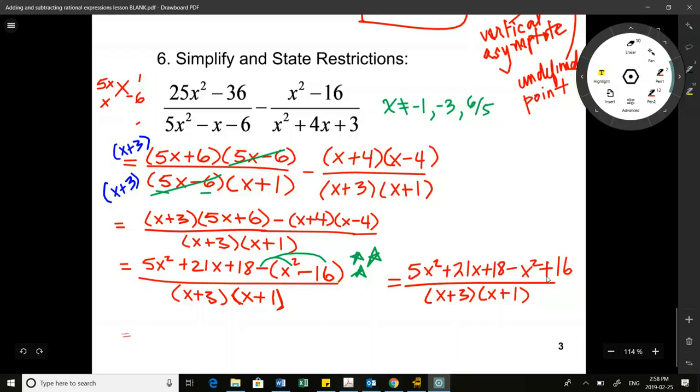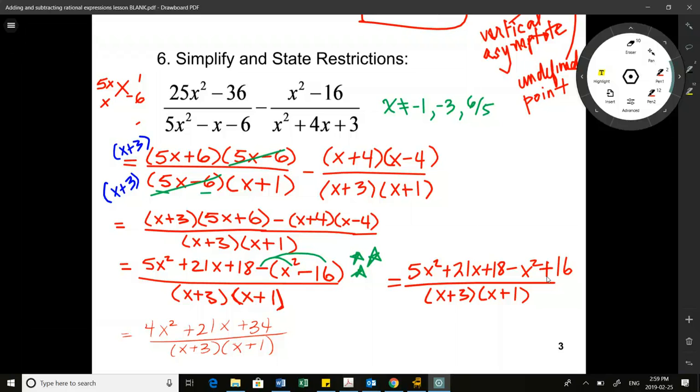Gather like terms. So I think we're left with 4x squared, 21x still, and 34. Okay.